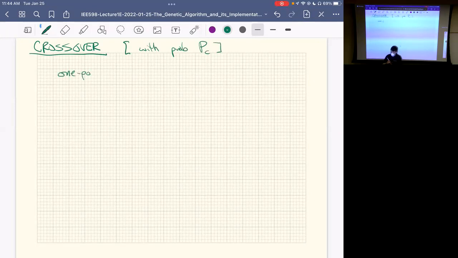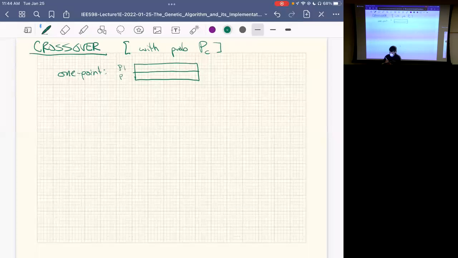There's 1-point crossover. Imagine these to be the genotypes of 2 parents. This is parent 1, this is parent 2. I'll hatch parent 1 and dot parent 2.